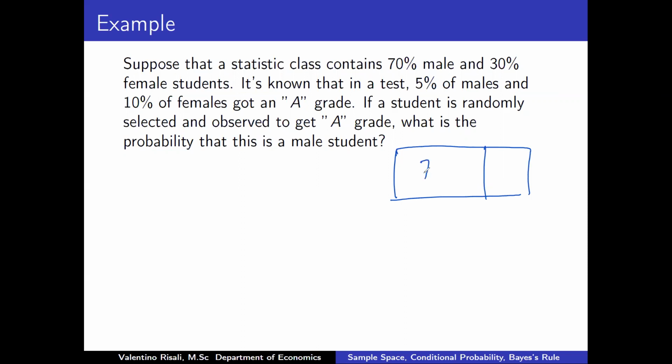There are 70% male and 30% female. 5% of males got A and 10% of females got A. A student is randomly selected and got A, and we must find the probability that he is a male student.